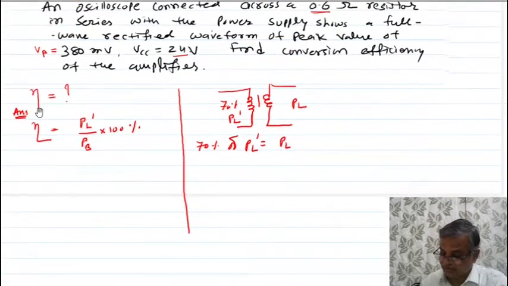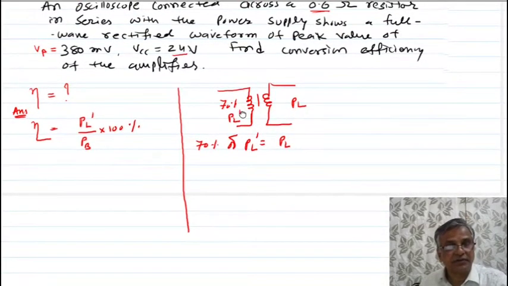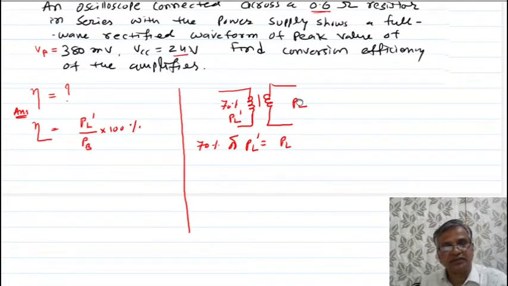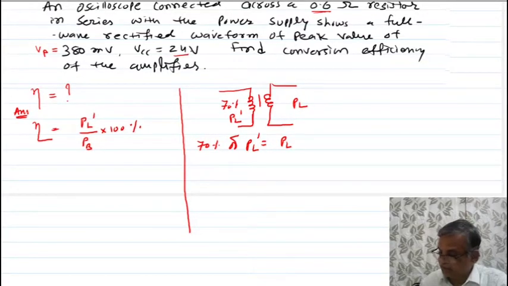So you must understand that the efficiency of this transformer is 70%. I should write 70% of PL dash, whatever power is delivered here, is transferred here. They are connecting a power meter here, and this power meter shows 5 watt.